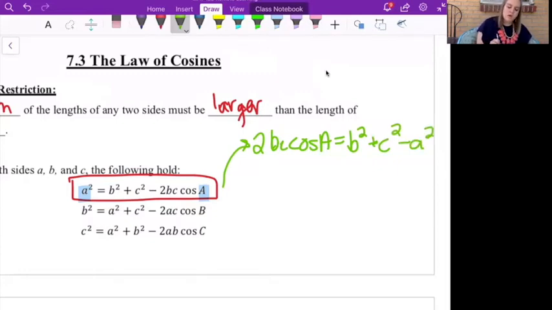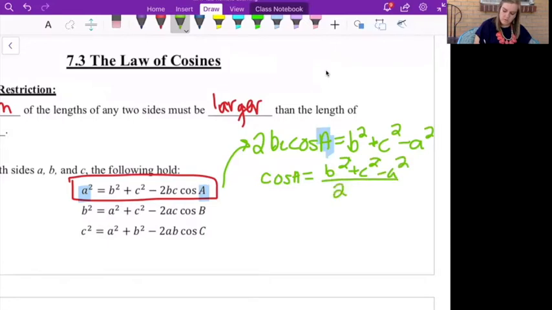And again, the reason why I'm doing this is because I want a formula that focuses on the angle rather than the side. And so then I can divide by 2bc, so then I get cosine of A equals b squared plus c squared minus a squared, all over 2bc.